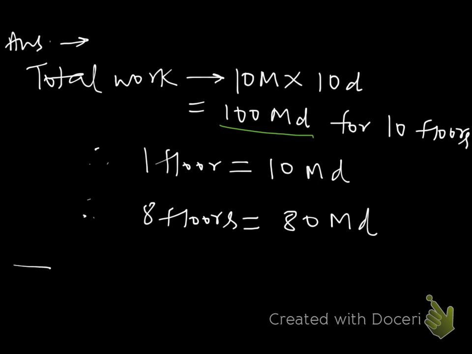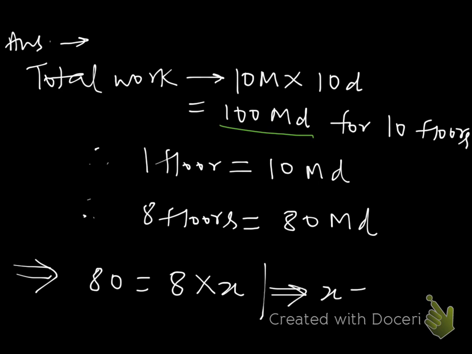And this much work, 80 man days of work, is to be done by 8 men in, let's say, x days. So we arrive at x as 10 days. So these many men will require 10 days to mop the floors. That's it. So this is your final answer, 10 days.